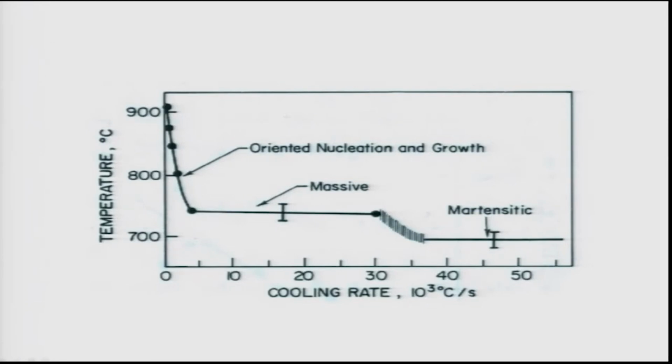There is a region placed in between massive and martensite, so one can access that also. So remember, massive transformation leads to incoherent interfaces, while martensite many times has a specific orientation relationship between the product and the parent phase, because of the shear movement of the atoms. Because of the shear forces, certain planes need to be kept undistorted, which we discussed in the last class also.